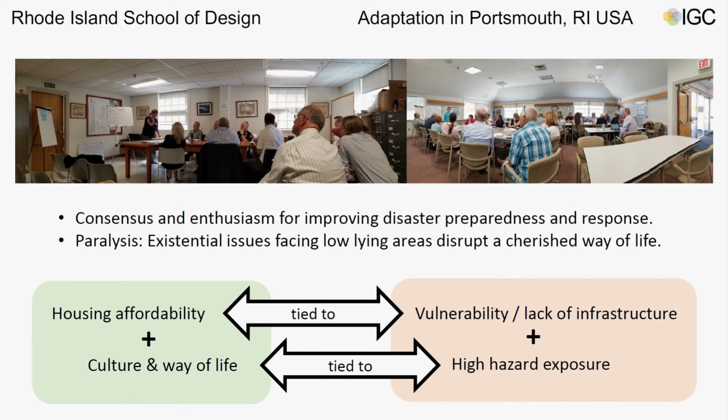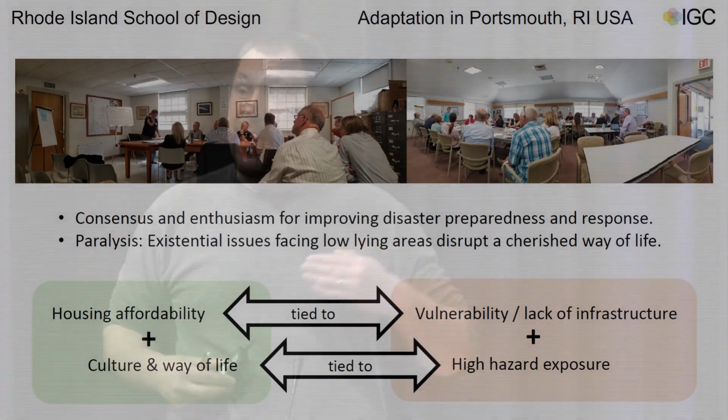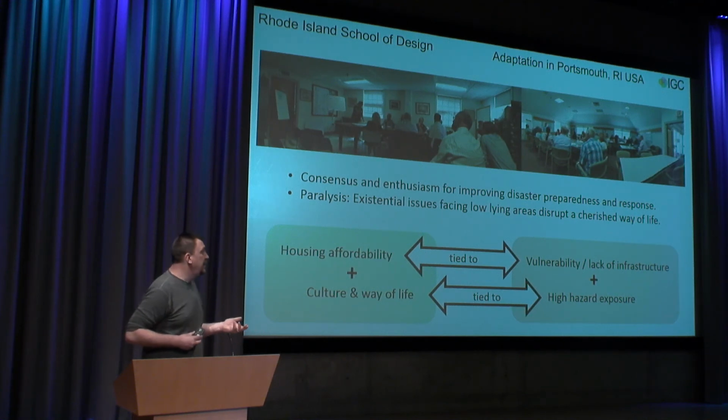The very interesting thing about this area is that the things that make this a really desirable area to live, the fact that housing is affordable, this is one of the few remaining working class coastal neighborhoods in Rhode Island that hasn't been gentrified and rebuilt with larger houses that expand the vulnerability, is really tied to the lack of infrastructure. So for instance, if there were a sewer in this area, something that would prevent nutrient pollution, the houses would be much larger and much more expensive, right?